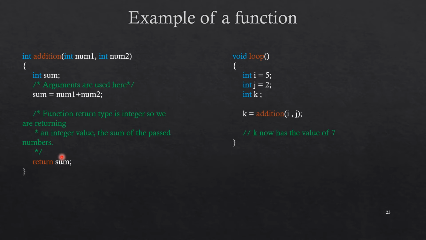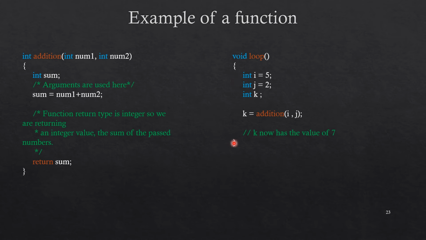Now, a function has to return an answer of the type integer, so we are returning a variable of the type integer. If the function is of the type void, which means it doesn't return any answer, then you don't have to use the return keyword. But if it has to return something, then you must use the return. And after you declare your variable, you write your instructions.